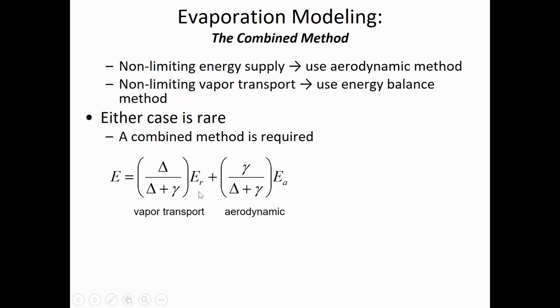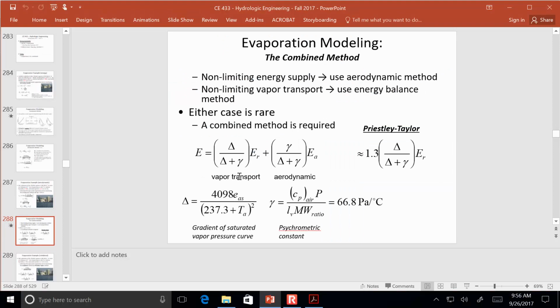So you'll notice that you have to take the amount of evaporation predicted by the energy balance and by the vapor transport approach. Aerodynamic and vapor transport are the same. I think I meant to say E sub R was the energy.